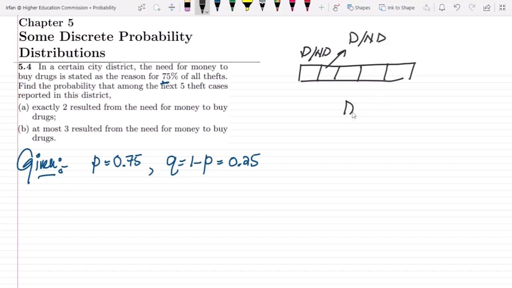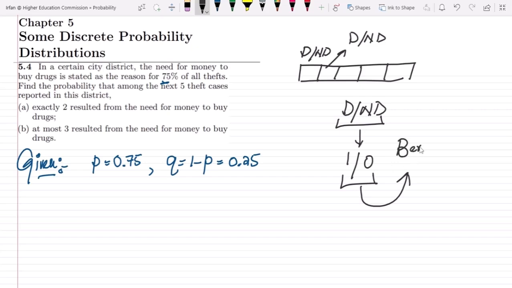Here we have drug or no drug, which is basically a binary process, either 1 or 0, and this binary process or trial for true, false, 1, 0 is basically the Bernoulli trial.